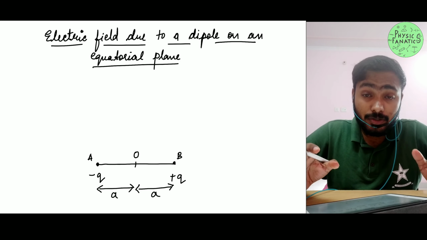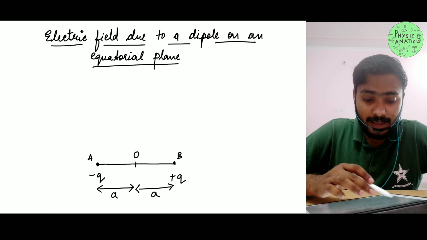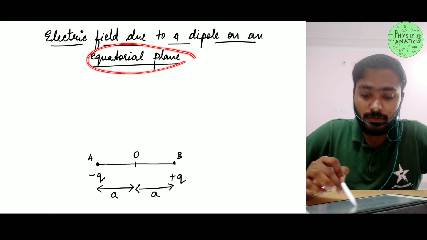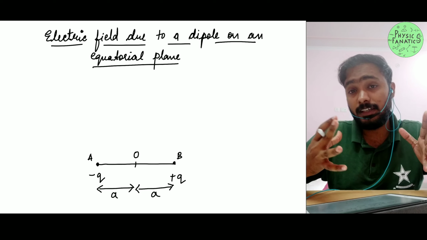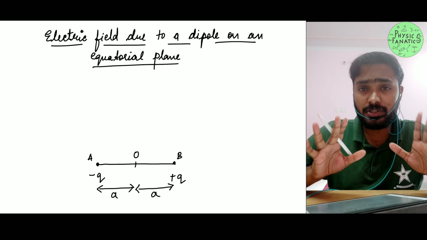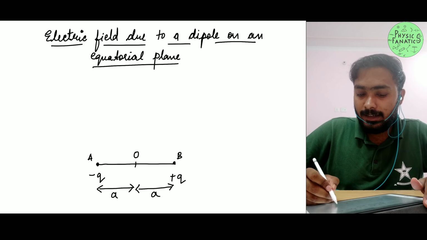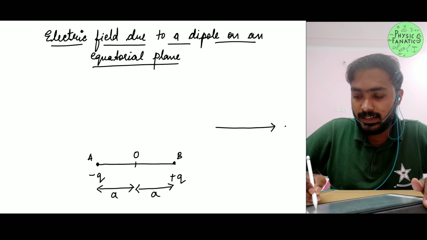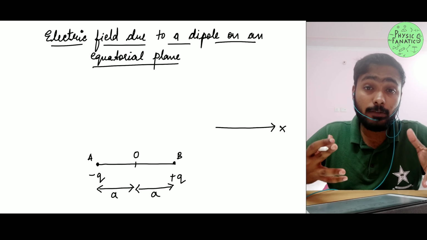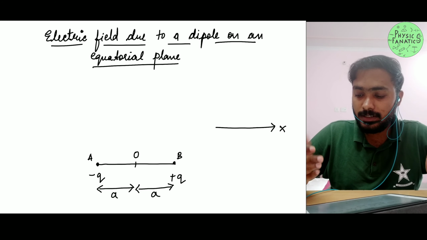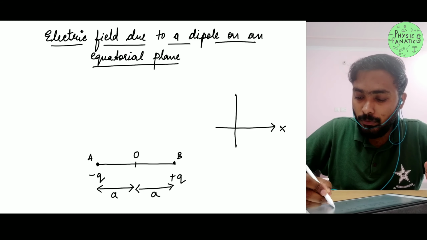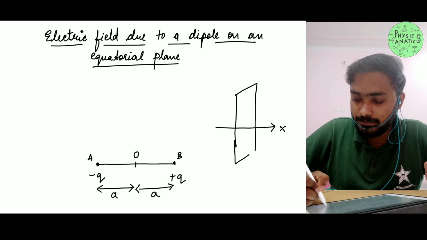The next question that comes to our mind is: what is this equatorial plane? Let me make you understand what an equatorial plane is. You have to visualize with me. Let's say this is my x-axis; then the equatorial plane is a plane, the YZ plane.